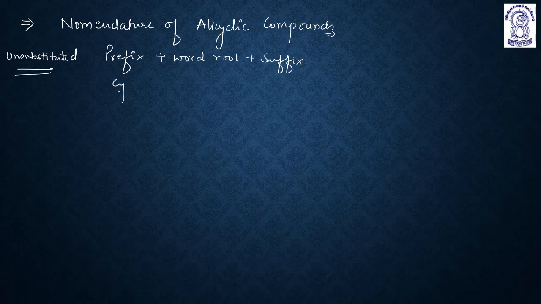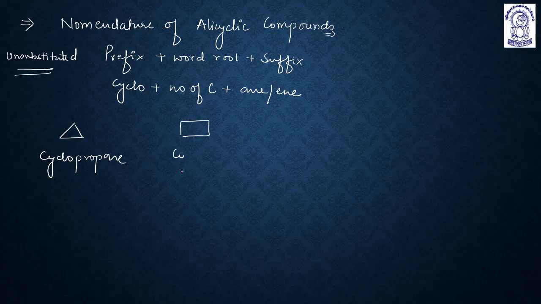The prefix will always be cyclo. The word root basically contains the number of carbon, and the suffix is either ane or ene. Like this, cyclopropane, like this, cyclobutane, cyclohexene.